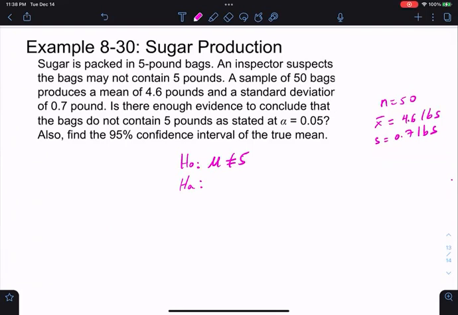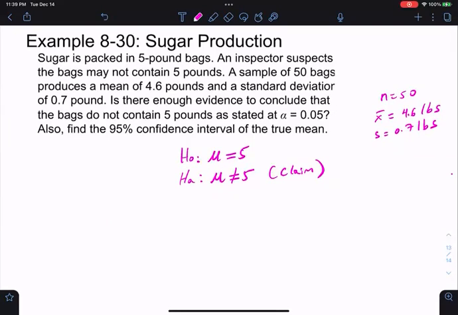Okay, so this is the claim of the inspector, right? So now we need to do the hypothesis testing.